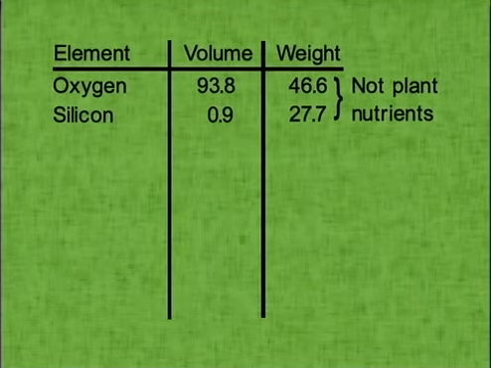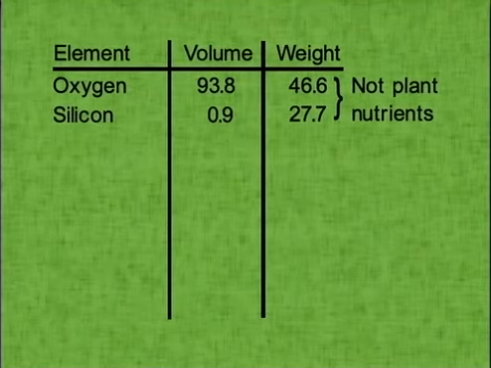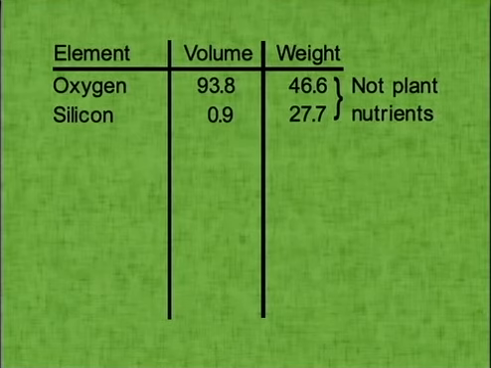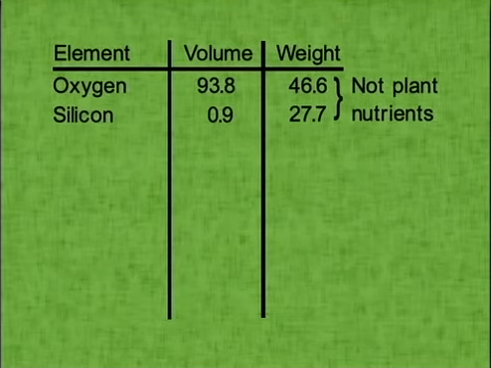When we add oxygen and silicon together, that is basically pretty much useless from a standpoint of plant nutrition. I'm not saying that it's useless from a standpoint of mineral composition in soils, because obviously it forms a very large framework structure, included inside of which are these other somewhat essential nutrients.